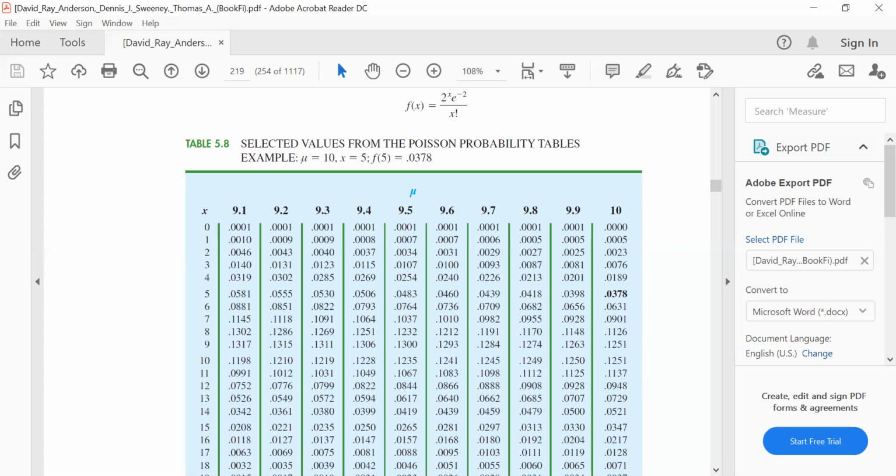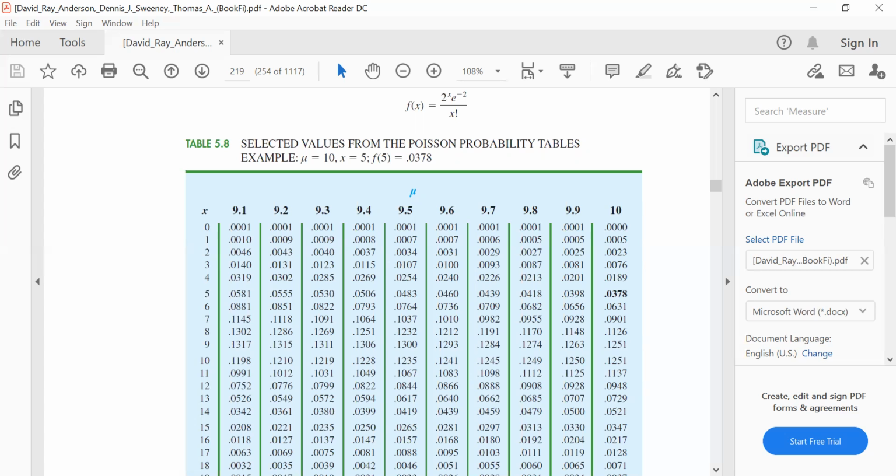The bold values are the mean values like 9.1, 9.2, 9.3, 9.4, 9.5, 9.6, 9.7, 9.8, 9.9 and 10.